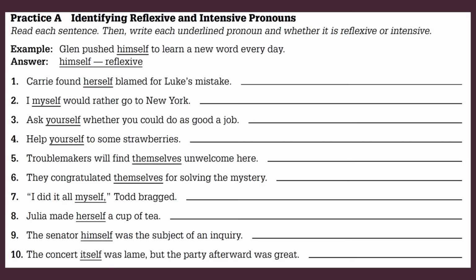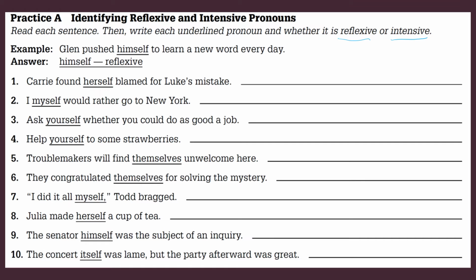The first practice: identify reflexive and intensive pronouns. So here we will learn how to distinguish between the two in sentences. Read each sentence, then write each underlined pronoun. We already have them underlined here. We just have to write them again, and after that we put a dash and then we write whether this pronoun is reflexive or intensive. For example, Glenn pushed himself to learn a new word every day. So this is himself.